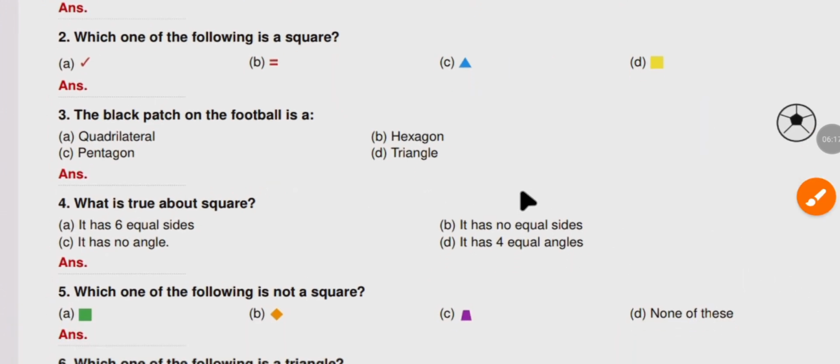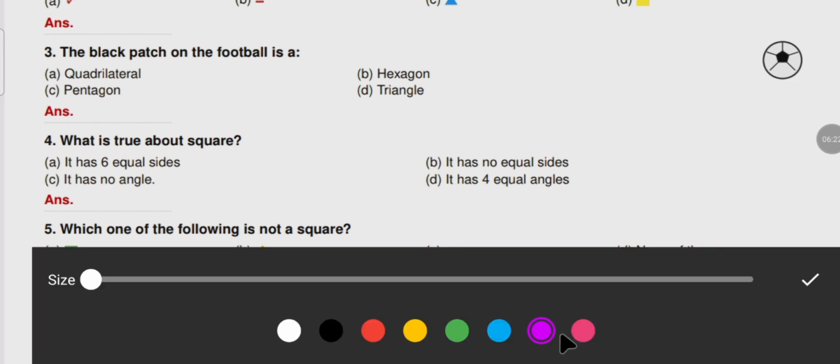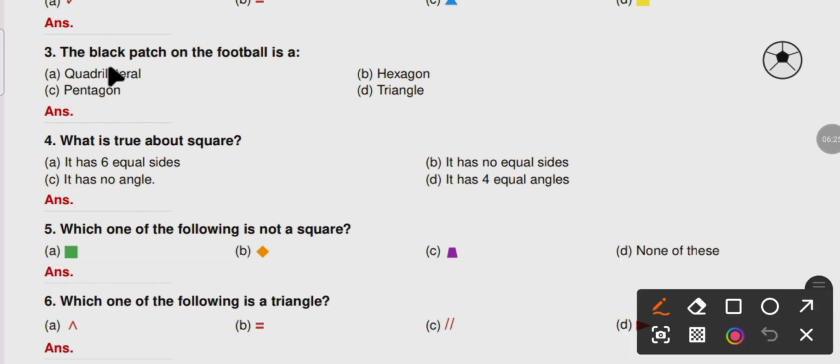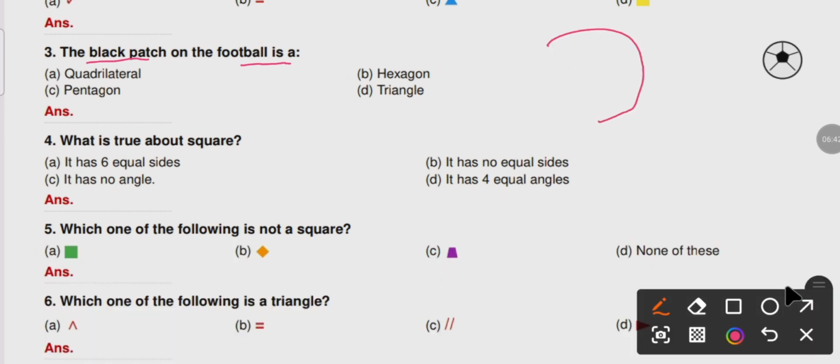Now go through to next question, question number 3. So in the third question, the black patch on the football, there is no clear picture, there is only a single patch here, but let me draw. Let me take another color.